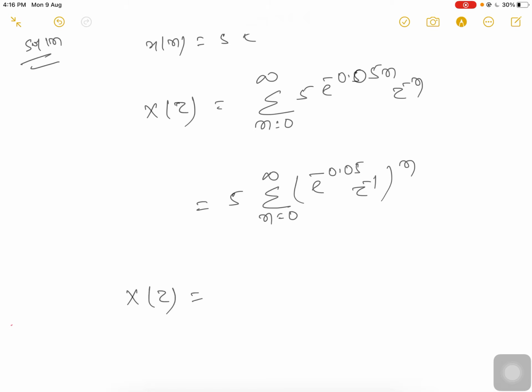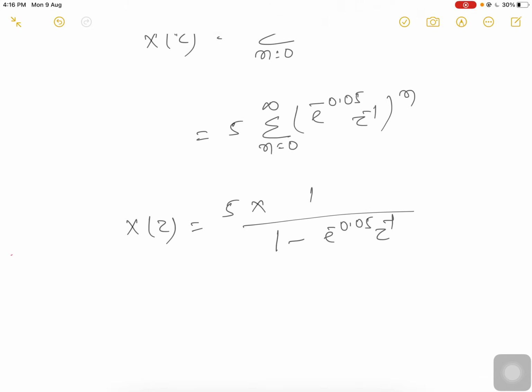So for Xz we get 5 multiplied by first term 1 upon 1 minus the common ratio, e to minus 0.05 z inverse.